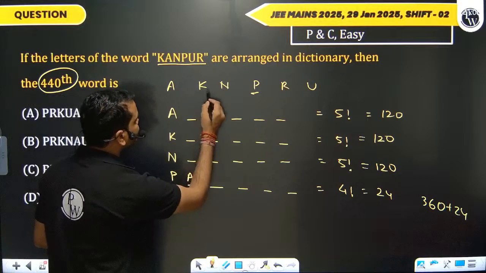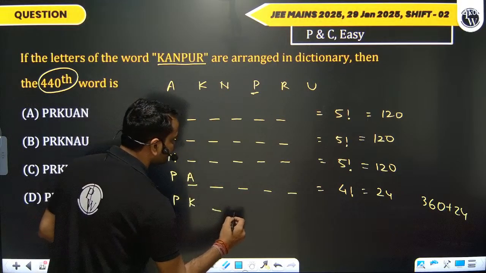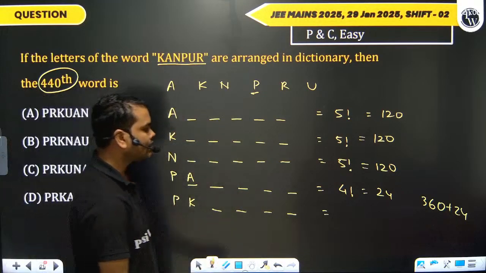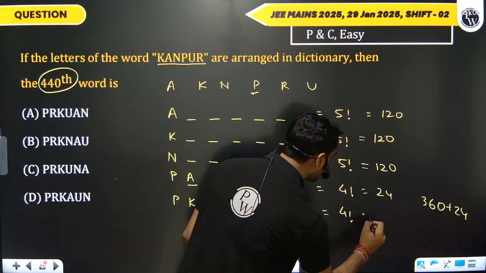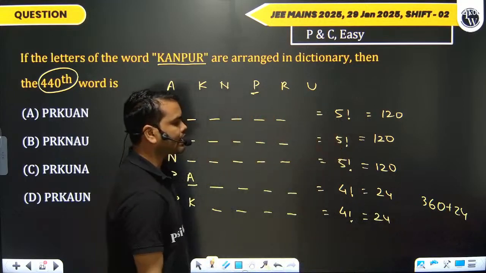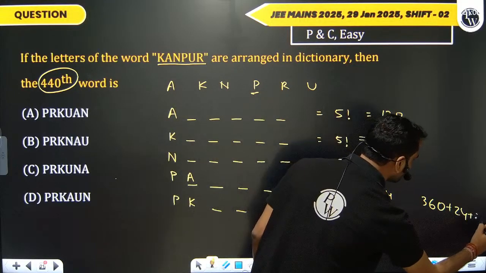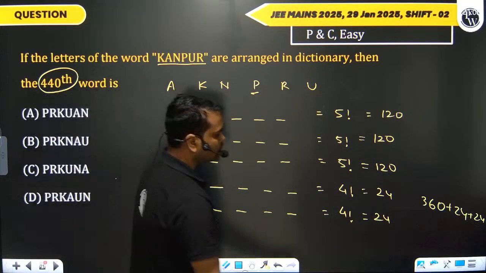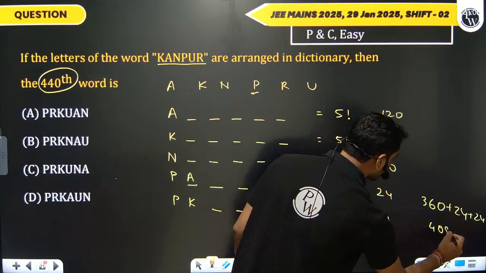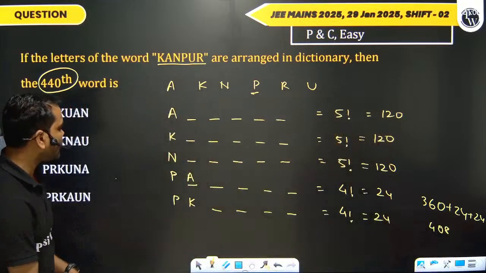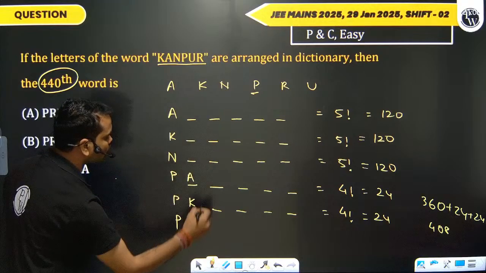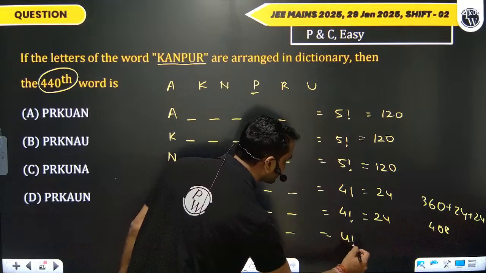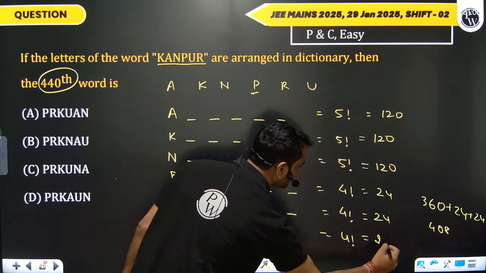So next, after A, we will start forming with K. If you form all the words starting with P and K, again it will come factorial 4, which is 24. Again you add 24. How much will it be? 384 plus 24, that is 408, right? Still we can form the next word also with P and N. It is coming again factorial 4, and that will be 24 again.